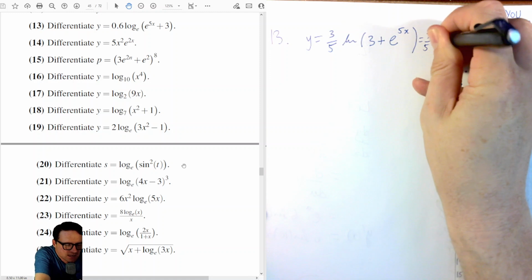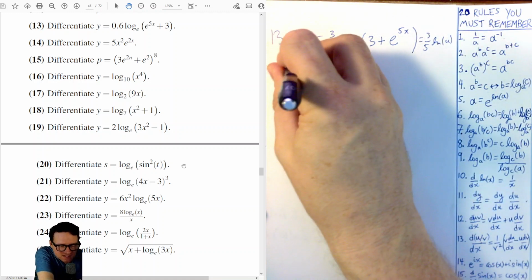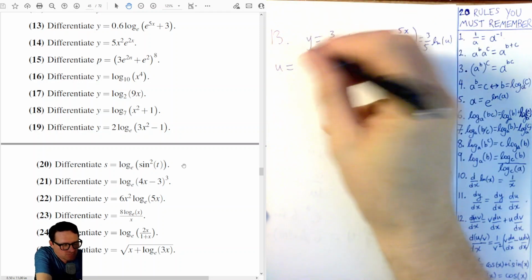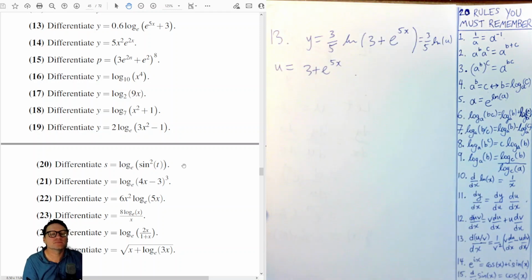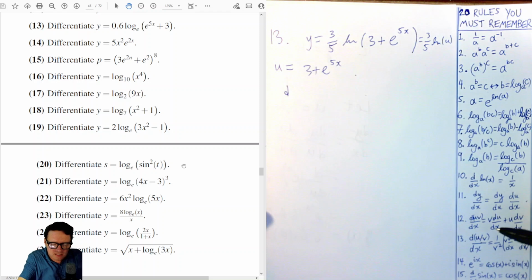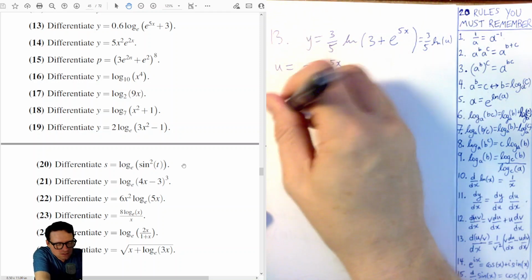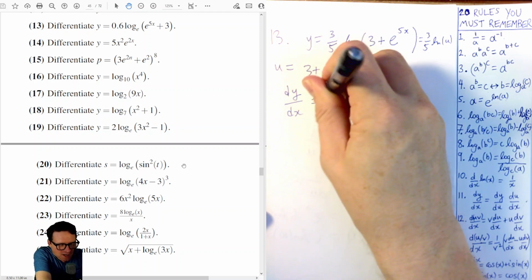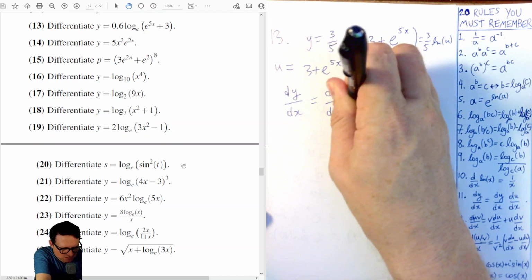So let's say that this is 3/5 ln of u, where u is equal to 3 plus e to the power of 5x. Now, using rule number 11, the chain rule, dy on dx is dy on du times du on dx.